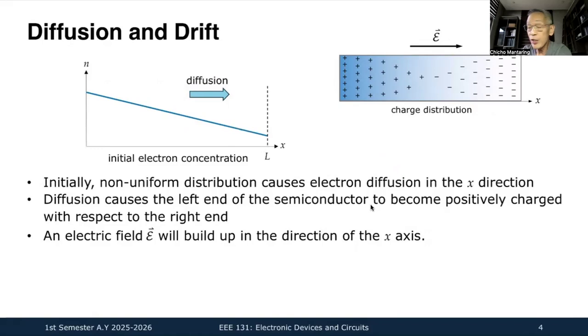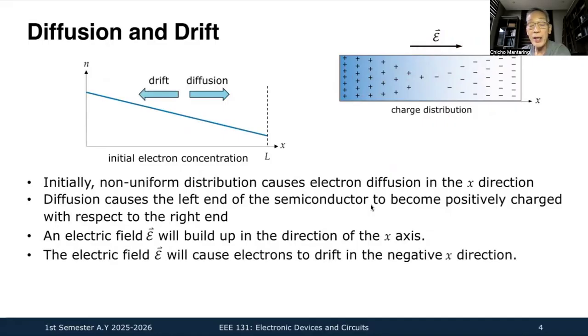When you have a charge distribution, expect an electric field to build up. So as the electrons diffuse, this electric field will start building up. And the electric field will be in the direction of the x-axis, because we know that an electric field originates at positive charges and terminates at negative charges.